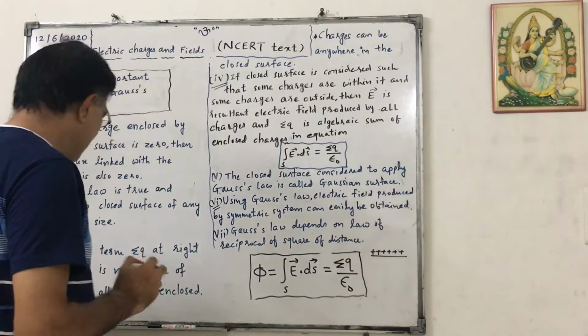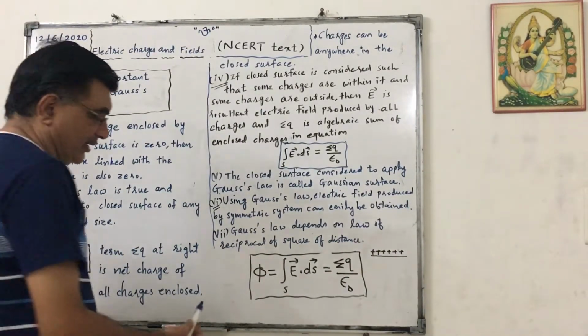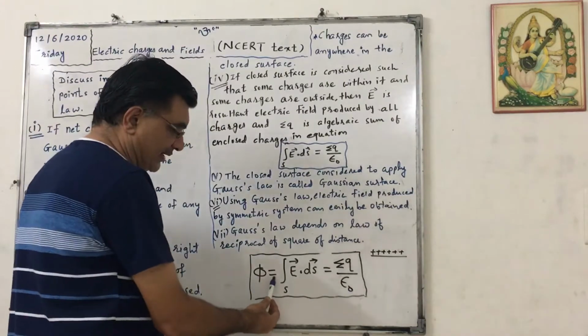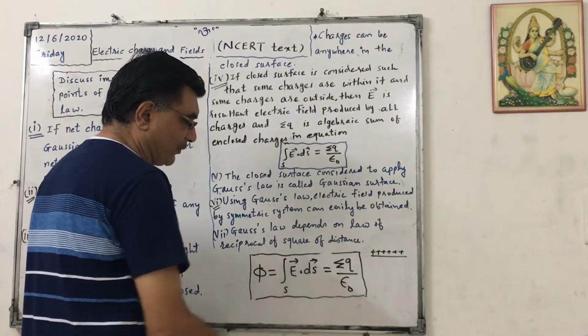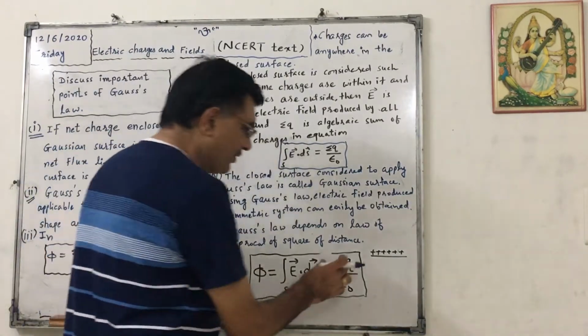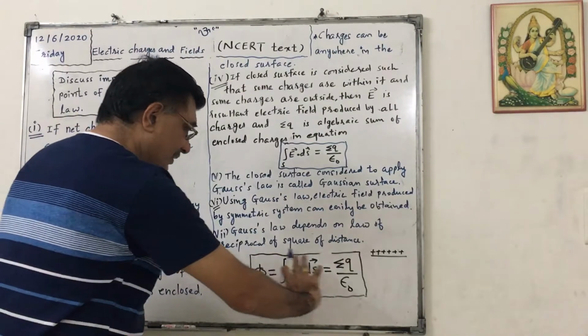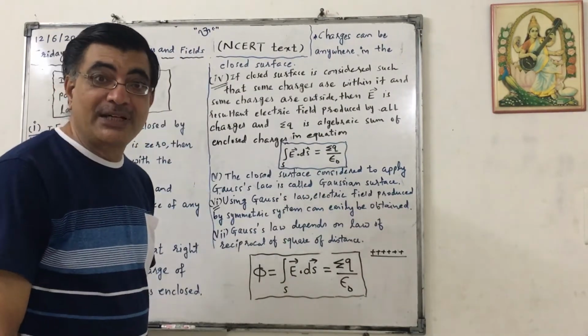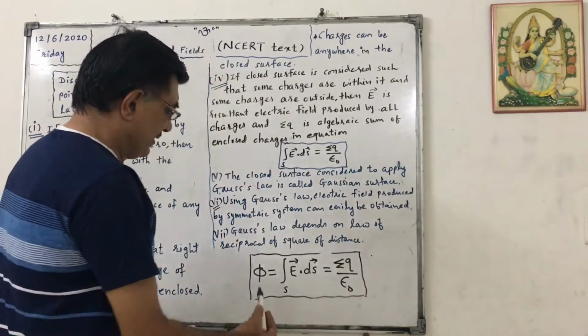Now this is the equation. Gauss's law: electric flux phi equals the surface integral of vector E dot vector dS, equals sigma q upon epsilon naught. This is Gauss's law in mathematical terms.